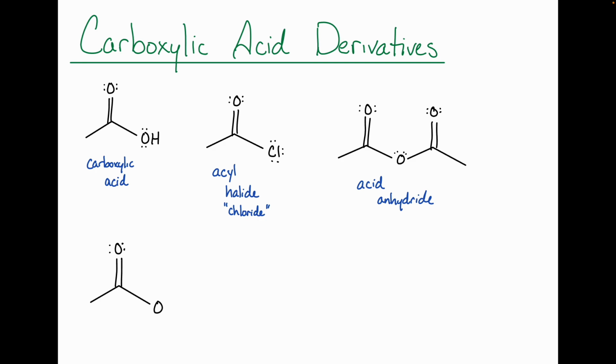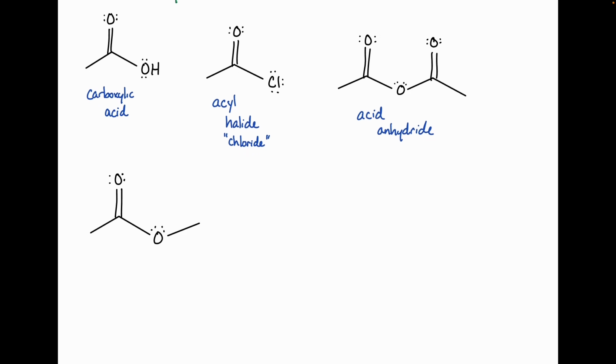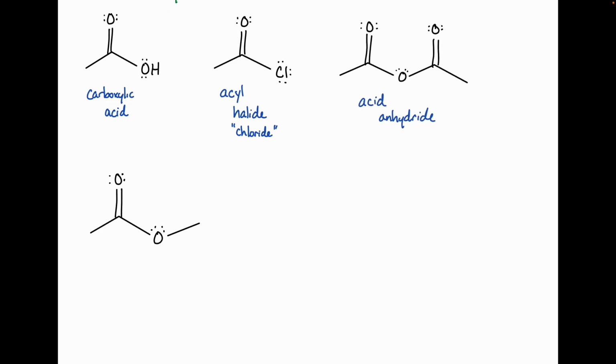If we put an oxygen on that carbonyl carbon, but instead of making it a hydroxyl group, it's got some carbons coming off of it, this is not an ether, but the one that everybody loves to mix up with an ether. An ester.